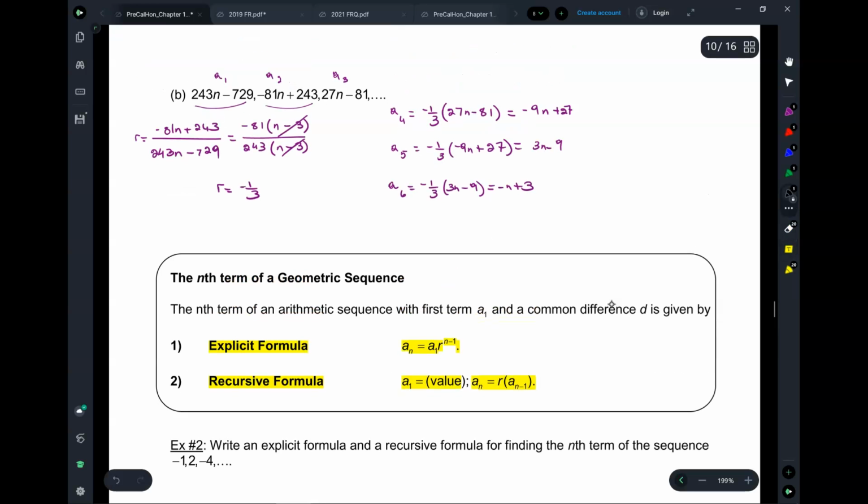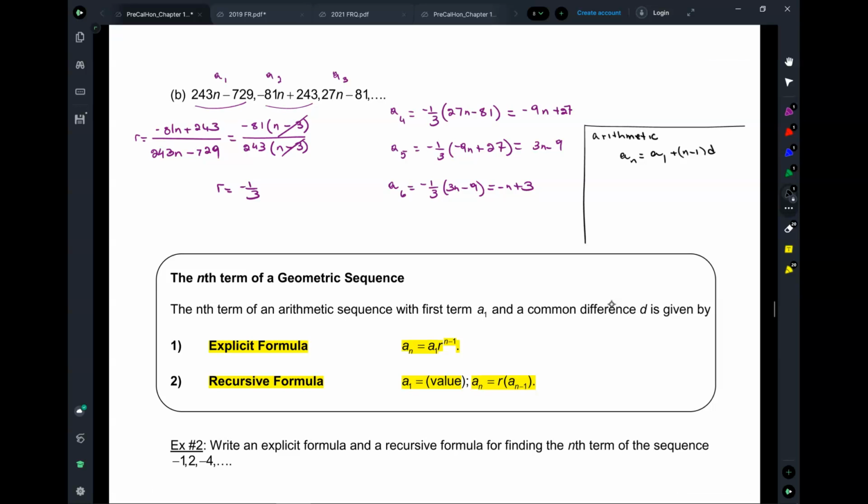I actually want to talk to you about a little pattern here. For the arithmetic sequence, remember how we said AN is equal to A1 plus N minus 1 times D? And that's sort of like y equals mx plus b.